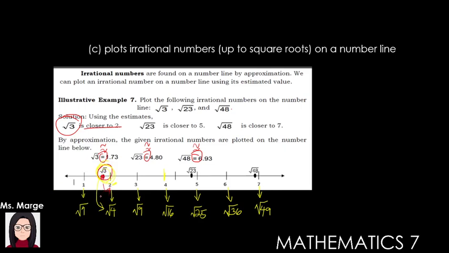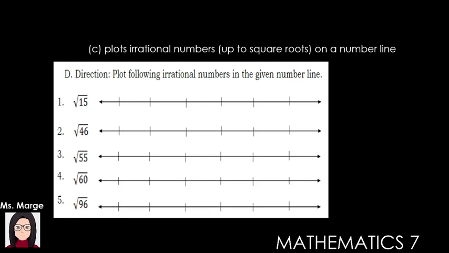Reasonable din sa square root of 23, then after that is square root of 24, then square root of 25. Reasonable na mas malapit dun sa 5. Next, square root of 48. Reasonable na malapit sa 7 kasi next sa square root of 48 is square root of 49. So, tama tayo.